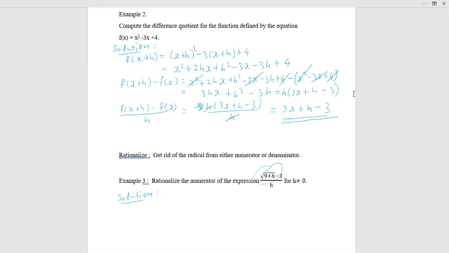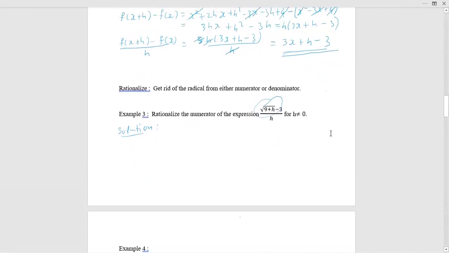Solution. We have this given expression, square root of 9 plus h minus 3, divided by h. To get rid of this radical from the numerator, we multiply by the conjugate of the numerator. Conjugate means you simply change the sign in the middle.